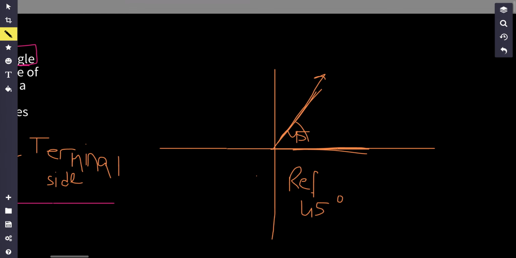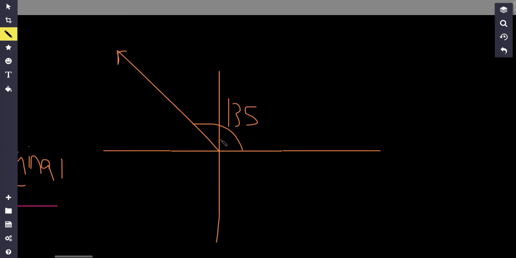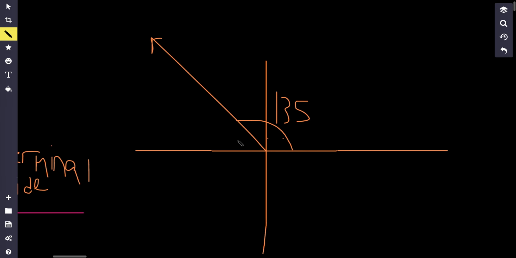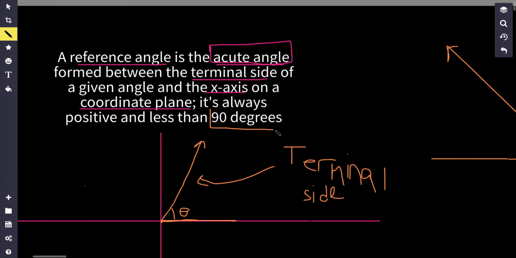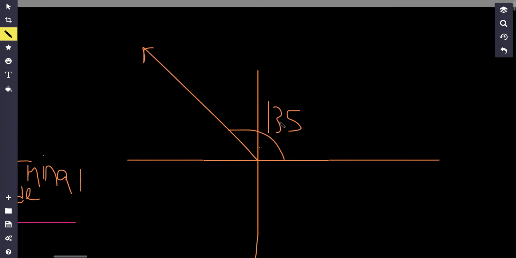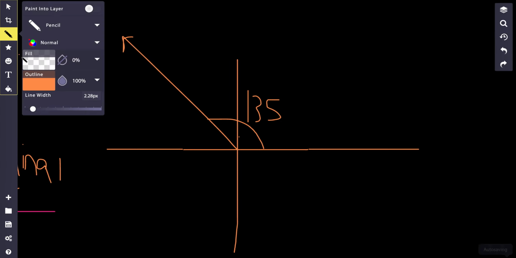Now, let's say that instead of a 45-degree angle, I create a 135-degree angle. What's the reference angle in this case? In the definition, we said that the reference angle is positive and always less than 90 degrees. So obviously, 135 can't be my reference angle. So what do I do now?